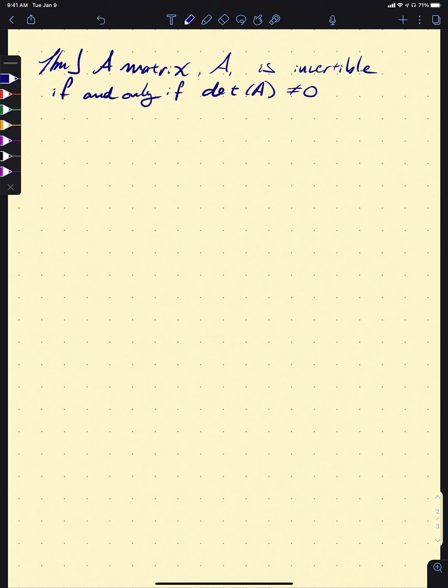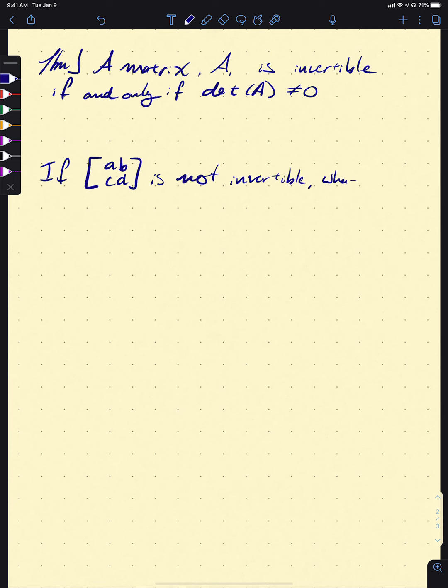So before we go on to talk about determinants of higher matrices, one of the natural questions that might arise is the following, right? If one of these 2 by 2 matrices, [a, b; c, d], is not invertible, then what should we expect it to look like?